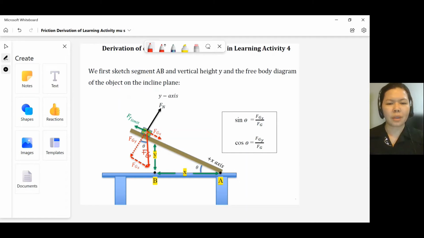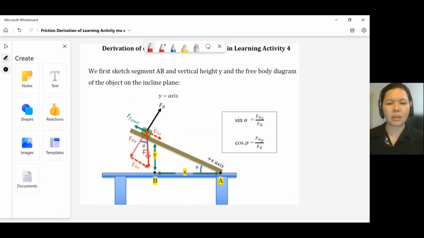So we have along the X the FGX, along the Y the FGY. Looking now at this lower triangle with theta, because our theta is the angle from the ground to the incline, we have the trigonometric function sine theta equals opposite side, which is FG sub x, over hypotenuse FG.